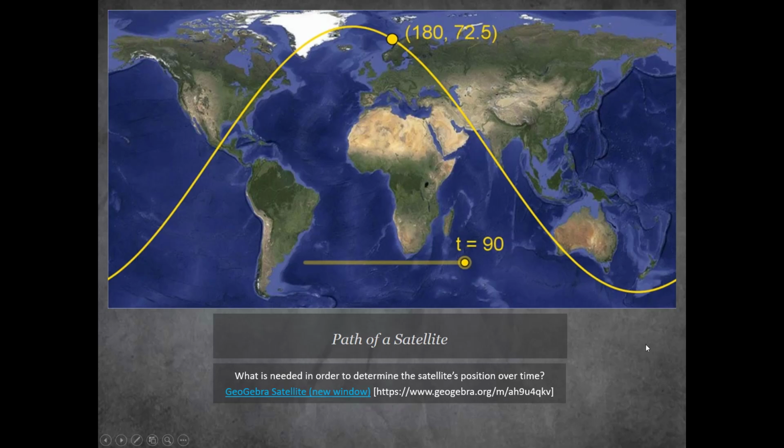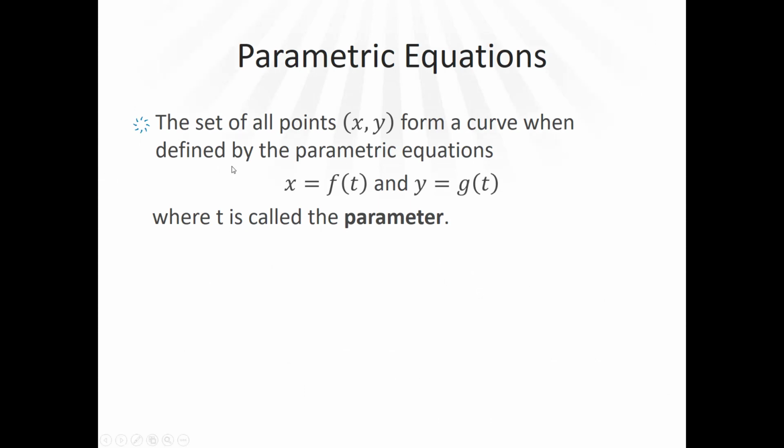All right, so going back to our lesson, let's sort of give a formal definition for parametric equations. So the parametric equations represent the set of all the points, the x and y coordinates, that form a curve, just like our satellite path. They are defined by parametric equations. So we have a function for x, so x is a function f of t, and y is a function g of t.